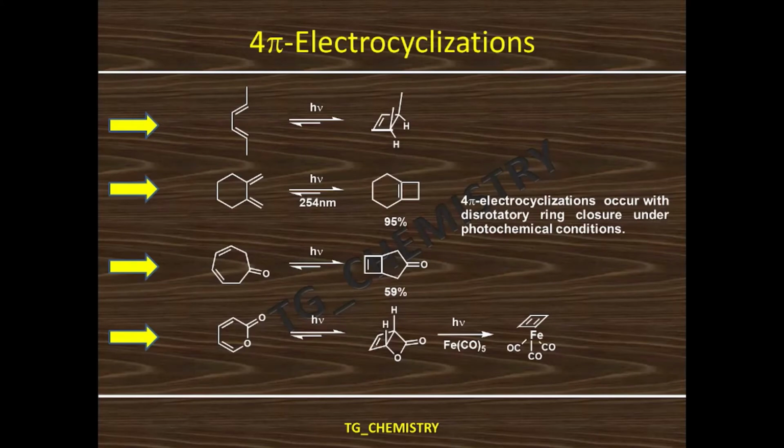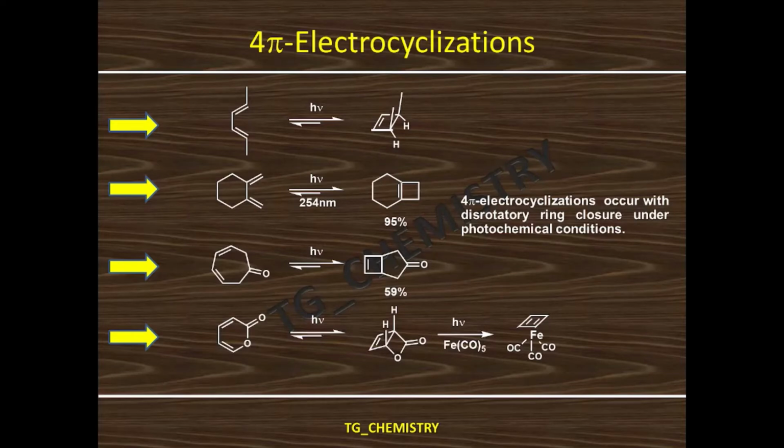Next, I will be sharing some 4 pi electrocyclization reactions and their examples, as you can see over here. The first one is the cis-diene in equilibrium after photochemical irradiation, going through the electrocyclization process, and you see the product.